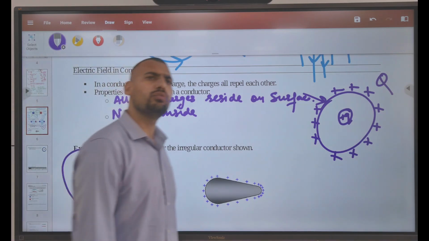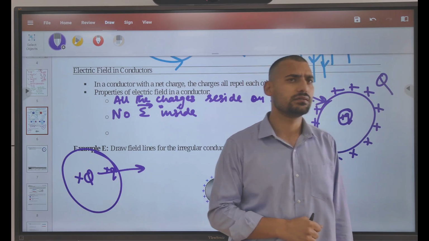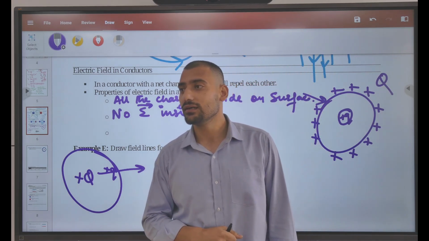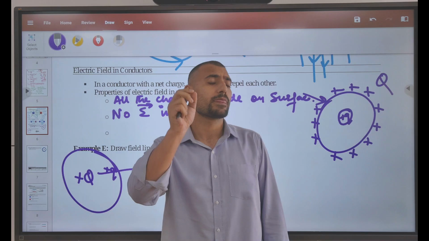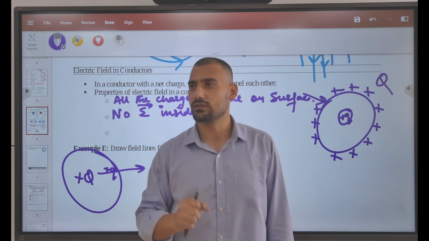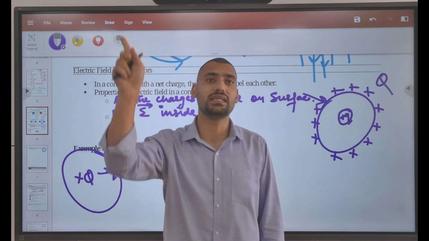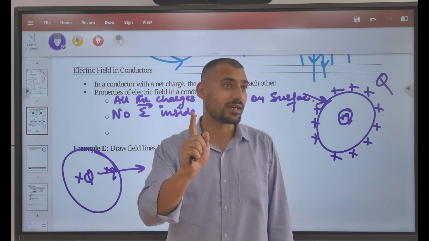Why? Do you know which is the best place to be when there is thundering and storms? When there is lightning? Inside a car, right?